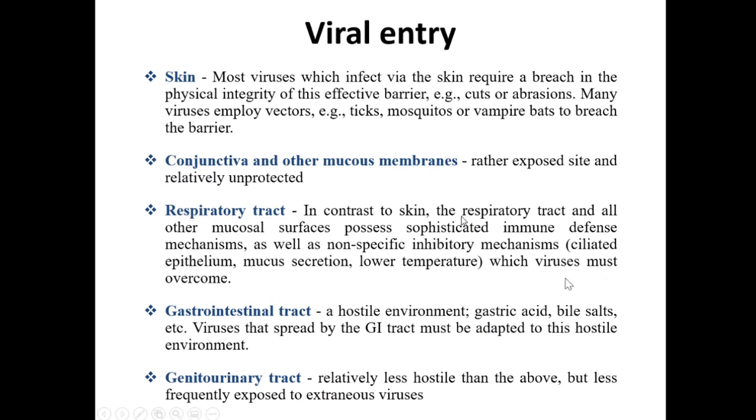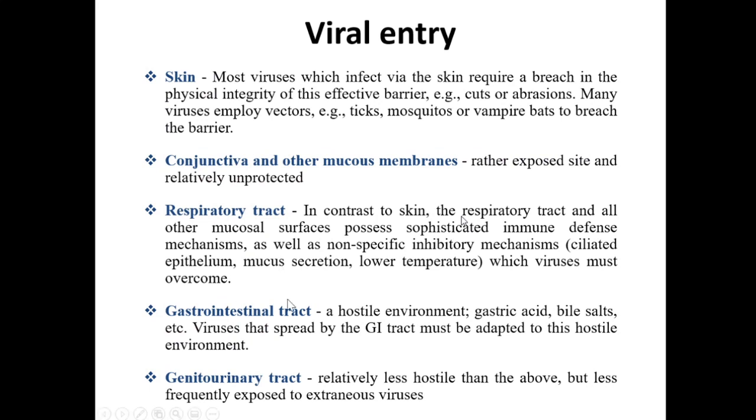The viruses, to cause infection, have to overcome all these protective mechanisms. And this serves as a barrier for many viruses. Of course, some will be able to overcome it. This is the case of the current coronavirus, COVID-19, or other respiratory viruses. Some are able to cross or overcome all these challenges.